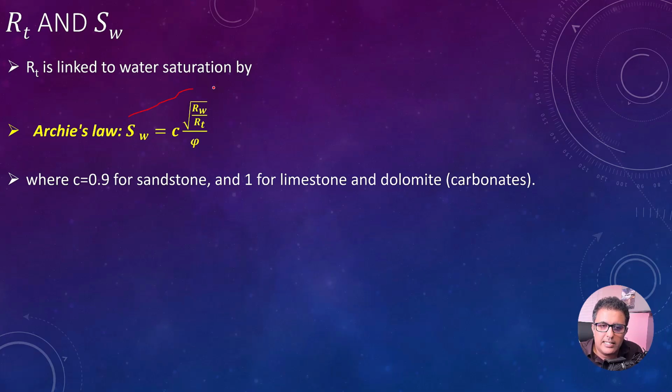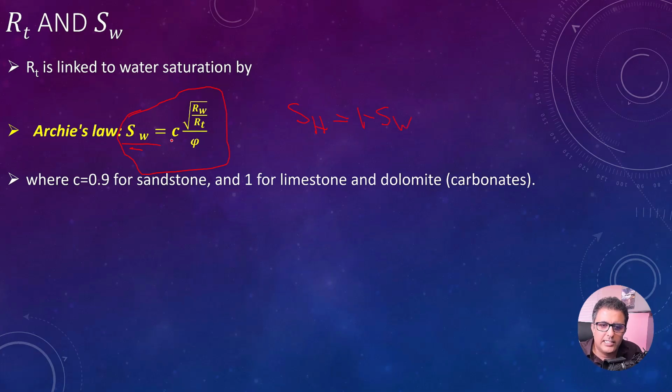So it says that if you are able to measure the resistivity of formation water, and if we measure the resistivity of the formation, and if we have some estimate of porosity, then we can estimate the water saturation in the formation, and from water saturation, we can estimate hydrocarbon saturation in the formation.